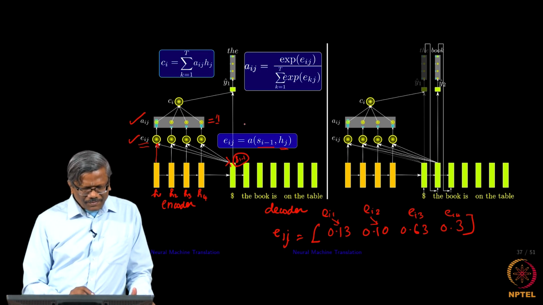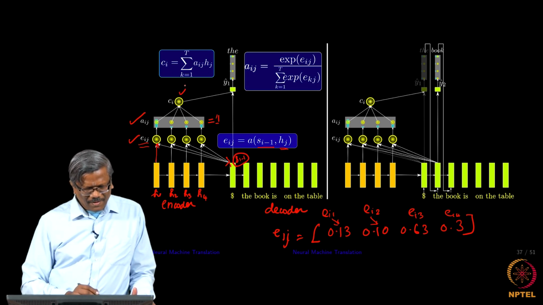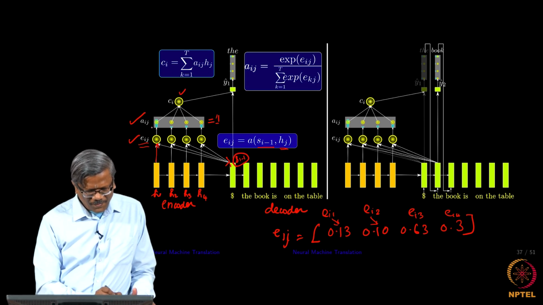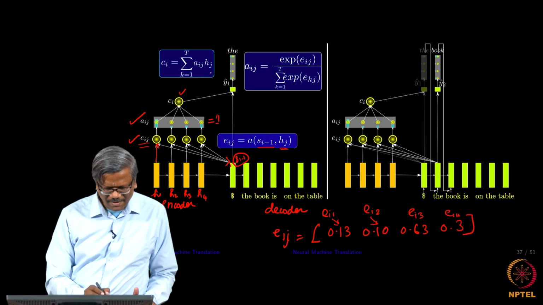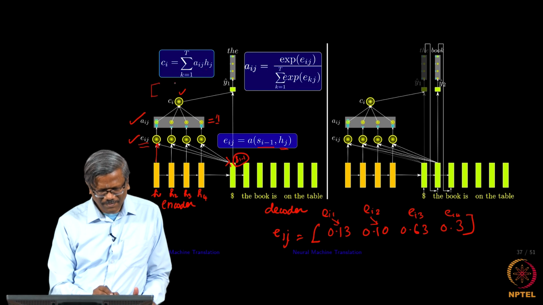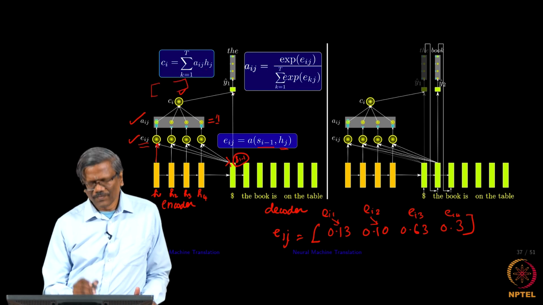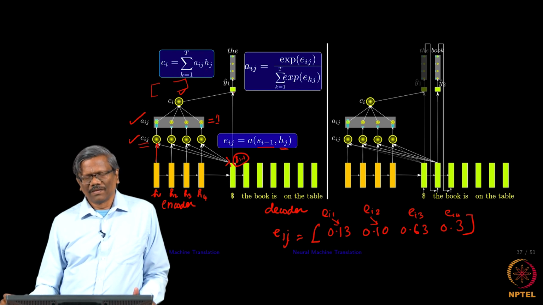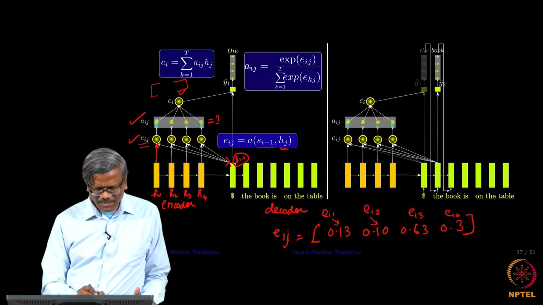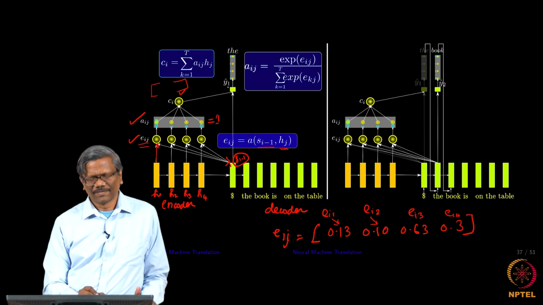Okay. So once you find a Cij, which is nothing but the summation of all the Aij's and the Hij, this is again a vector. You feed that into the decoder. Okay. So use it to compute yt.